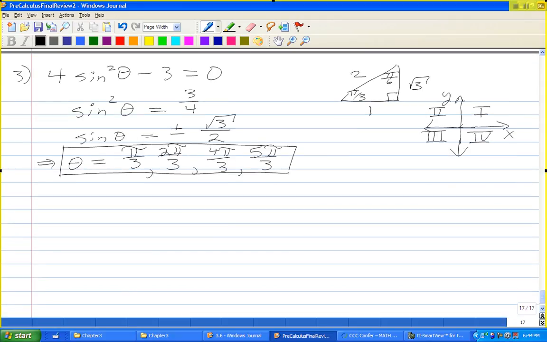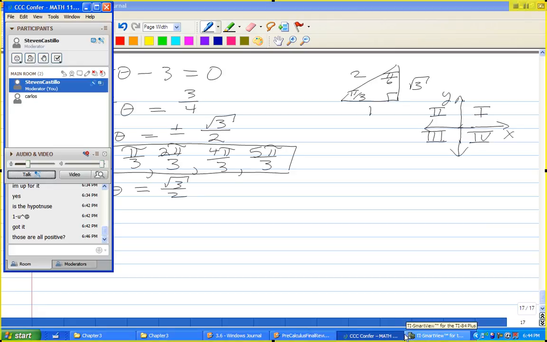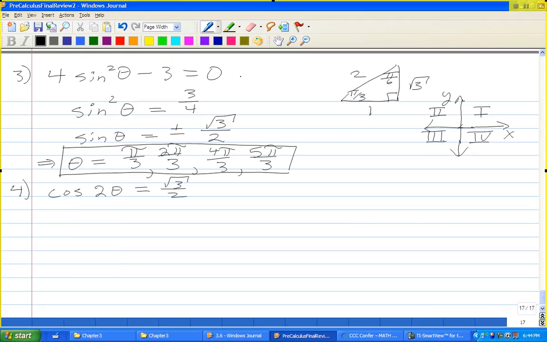4. Cosine of 2 theta is rad 3 over 2. All the angles are positive because we want theta to be between 0 and 2 pi.